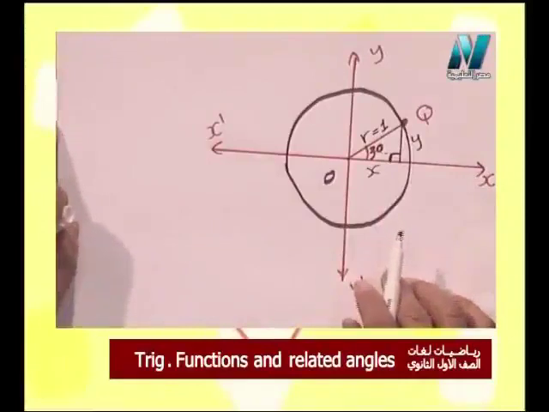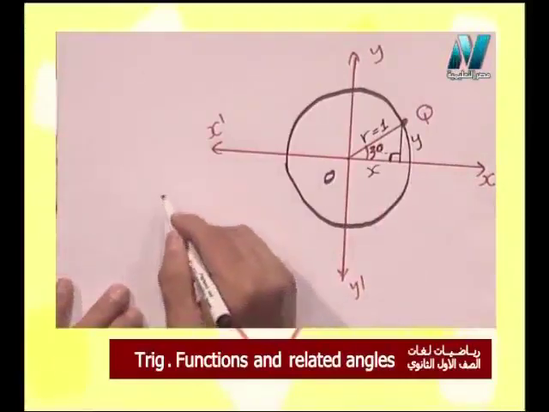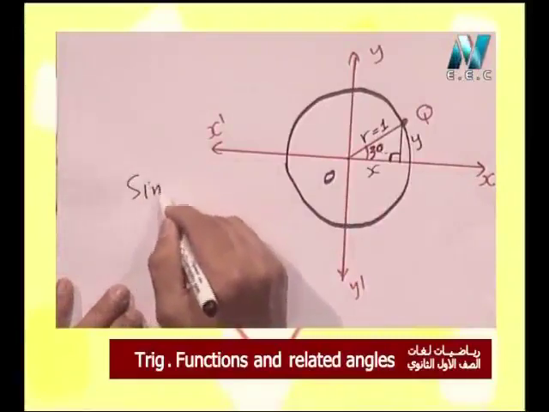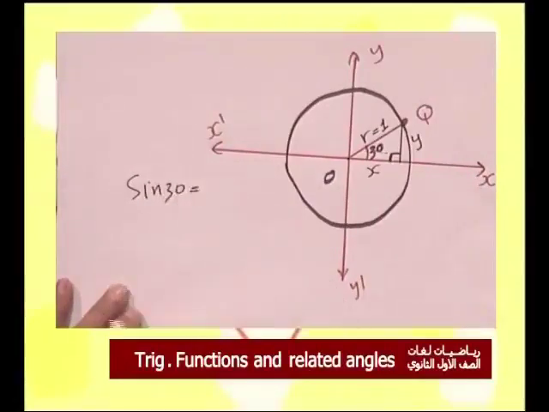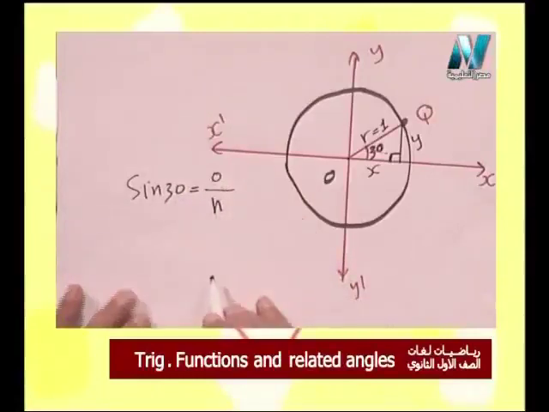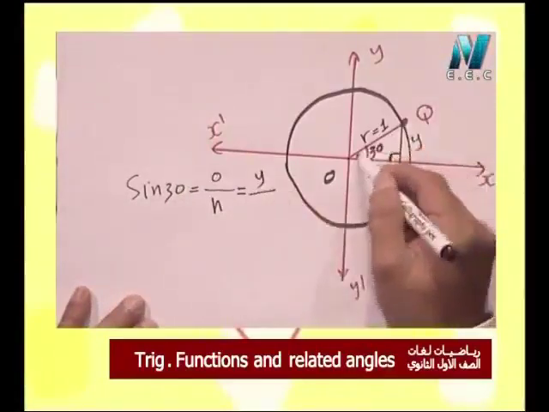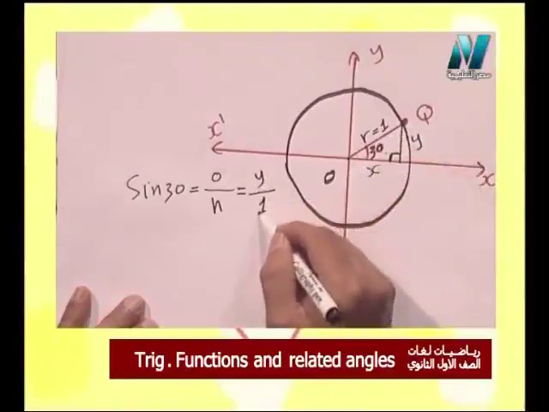So let's find out the sine of this angle. Sine 30 equals opposite over hypotenuse. So opposite here is y over hypotenuse, which is 1.